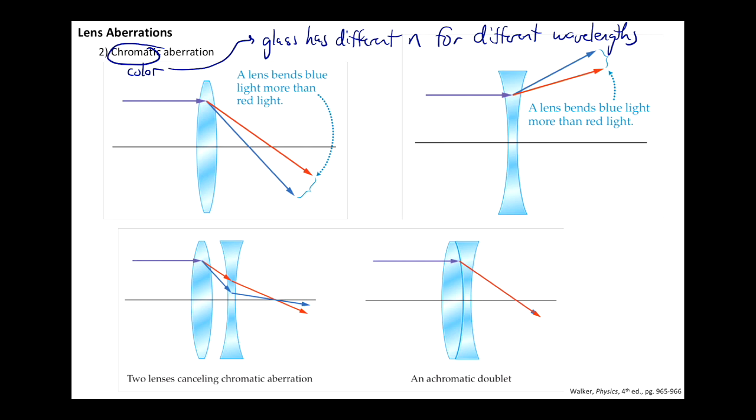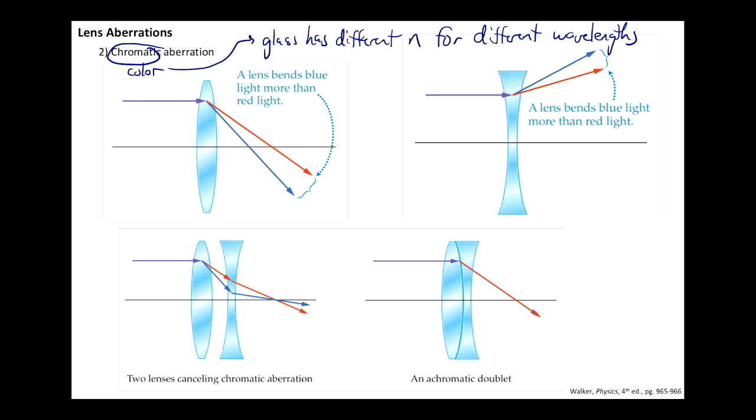When we dealt with this so far, we just said, piece of glass, light that's a mixture of all wavelengths, has this index of refraction. That's a good approximation. However, if you need a very accurate image and you don't want any imperfections, you might have to consider that white light is a mixture of all the wavelengths, and since it has a different index of refraction for different wavelengths, different colors of light are going to bend a slightly different amount, which can result in a splitting of colors.